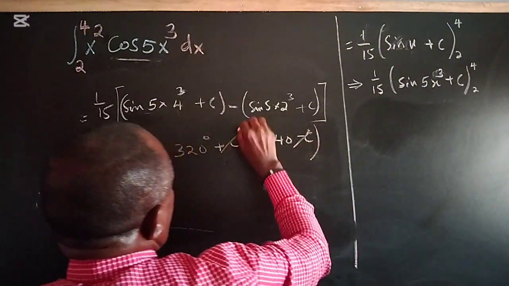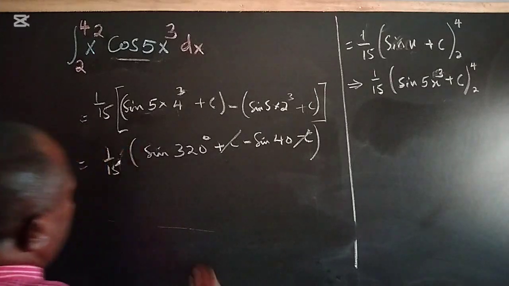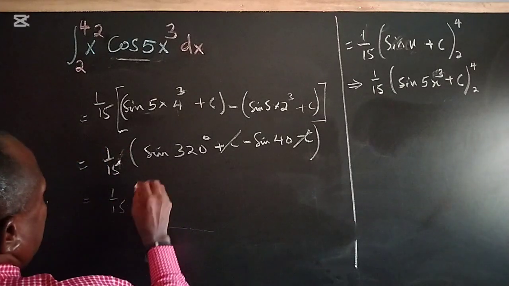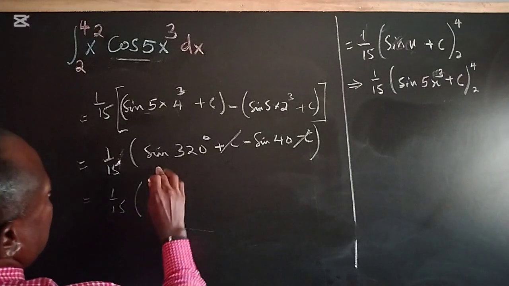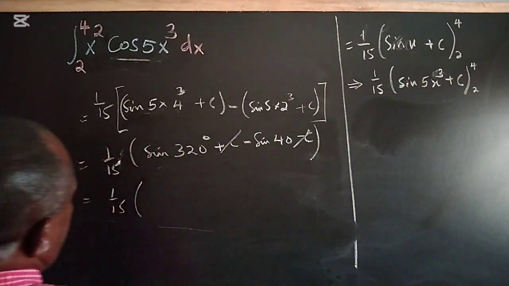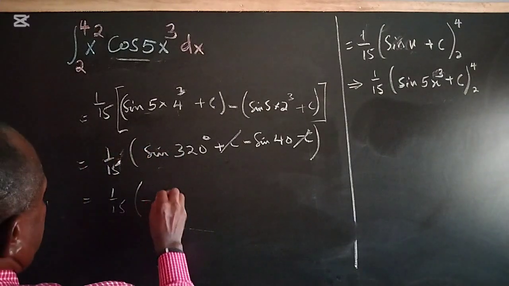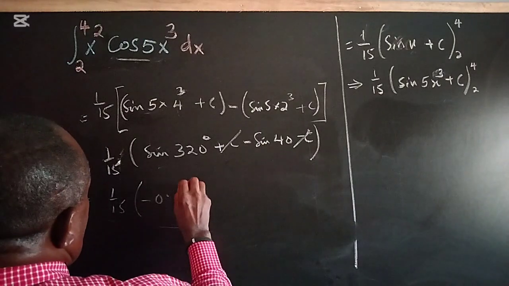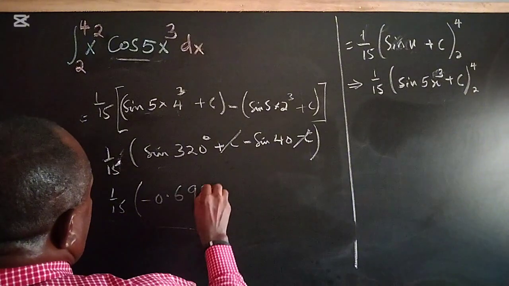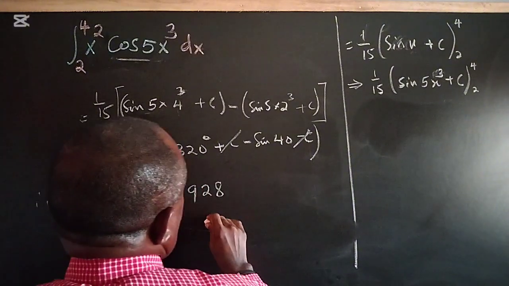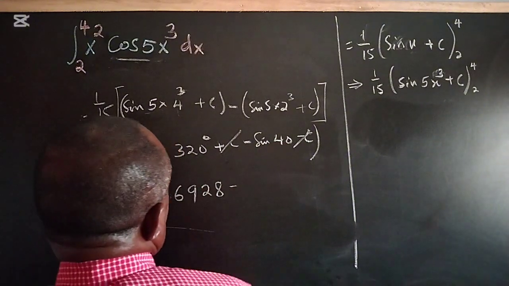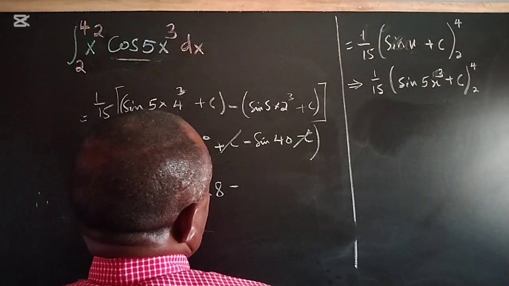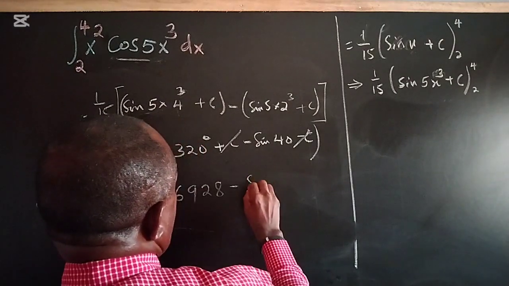So the c we take away, and then what we have becomes 1 over 15, then sine 320 is minus 0.6428, of course, then we have minus sine 40 degrees.